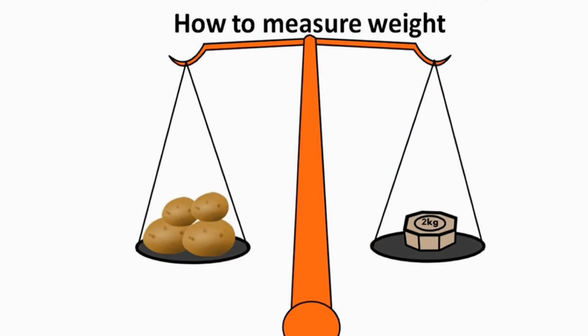For example, if we wish to buy 2 kgs of potatoes, then a metallic weight equal to 2 kgs is kept on one side and the potatoes are kept on the other side. The potatoes are added or maybe removed until both the sides of the balance are equal.